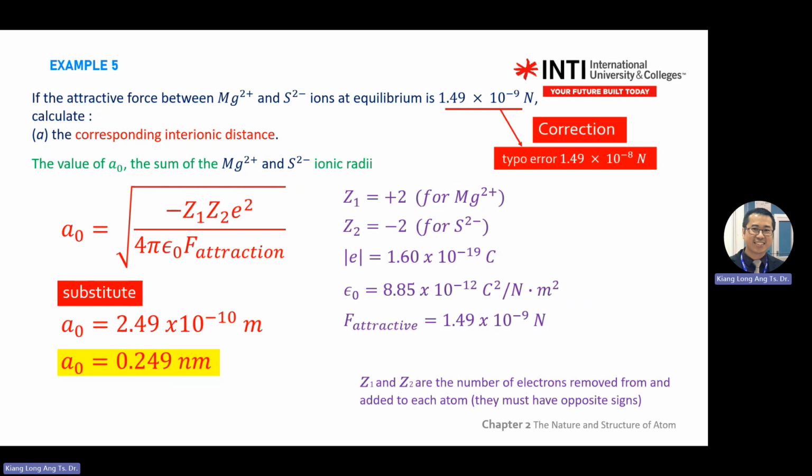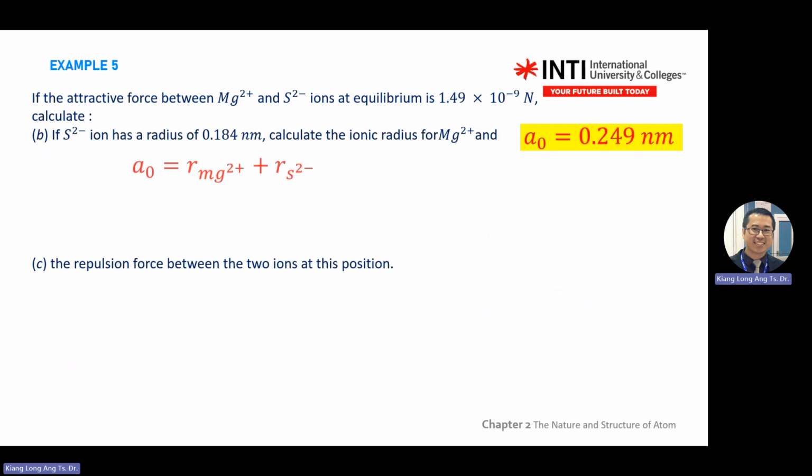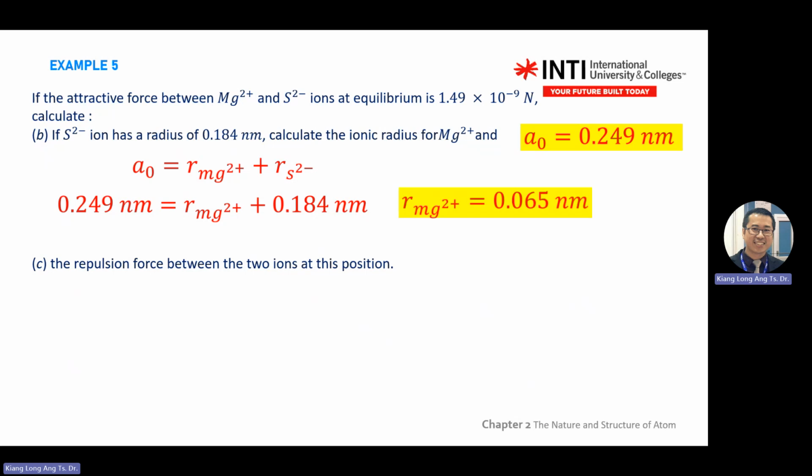It is 10 to the negative 8, so that you get this answer. Okay, it's a typo error. For number 2, once you have A, you get r plus big R. So one is missing. This one is from section A, this one is given. So one is missing, and you get r for the magnesium.